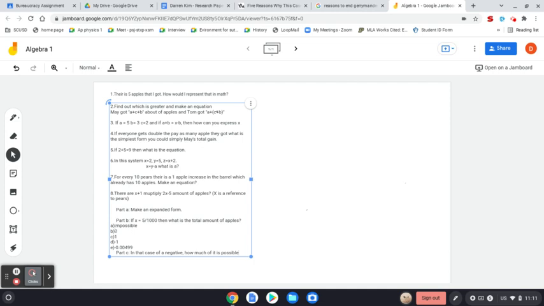Actually, I have a great idea: impossible, impossible, and impossible, but I'll give different reasons. This would be negative, and x defies logic.